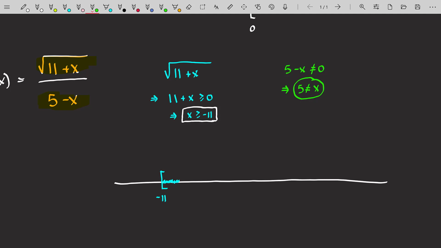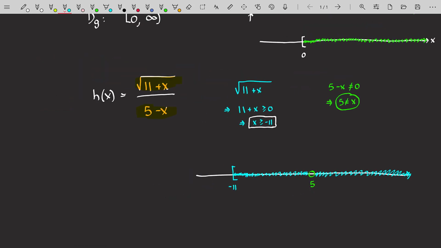So as I highlight to the right here, I'm going to skip over x equals 5. Otherwise, I can continue highlighting every other number on this number line. I just can't have 5. And that gives me a visual of the domain of h of x.